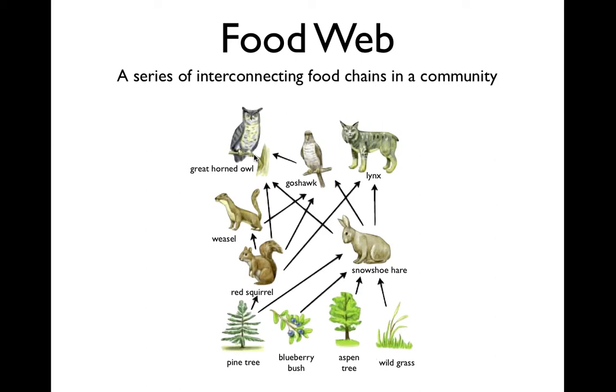In some geographical areas, there may not be any great horned owls. If that was the case, then the goshawk would be at the top of that food chain. Whereas in this one, there are obviously great horned owls, so we include that in this food web, okay? You'll notice the base level are all producers. They're all plants. And from there, things will feed.